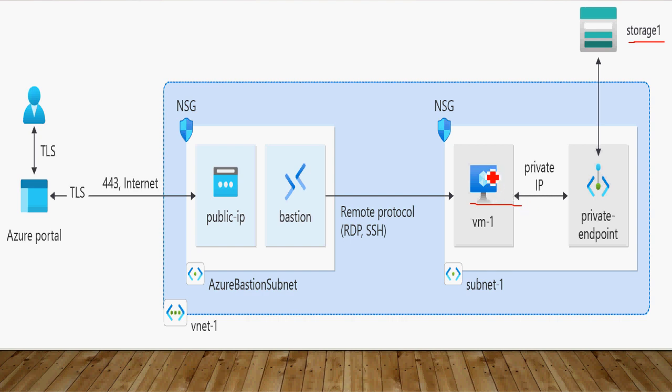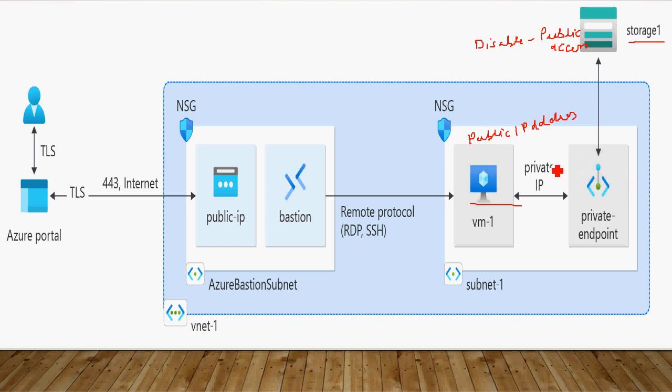In this VM, we are not giving any public IP address to communicate globally, and we will disable public access on this storage account. So again, the question is, if both resources don't have a public connection or a public IP address, then how can they connect?